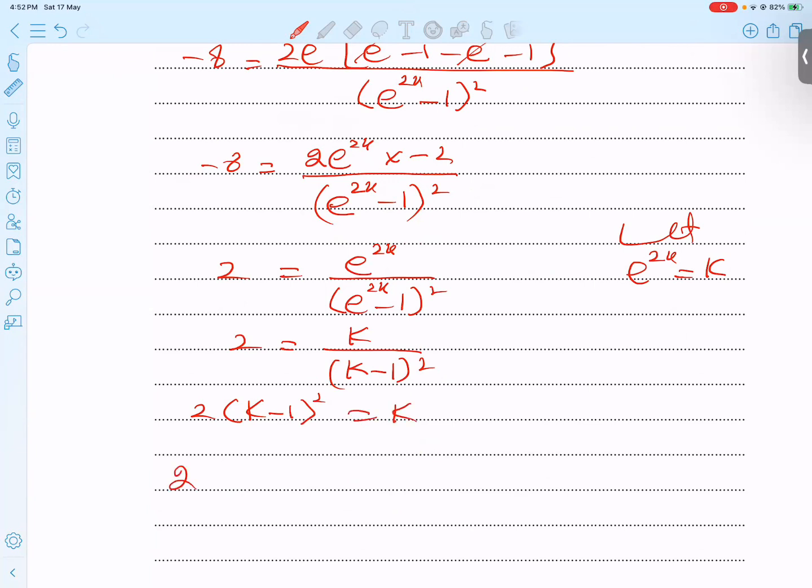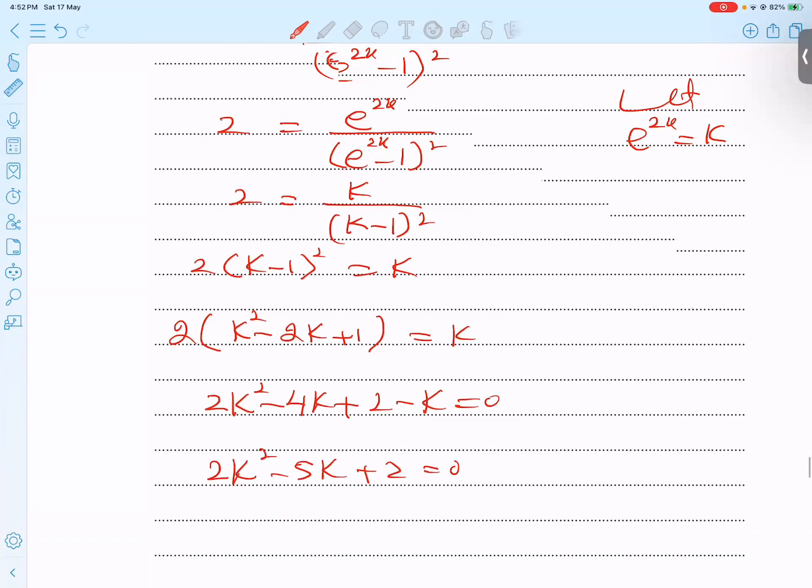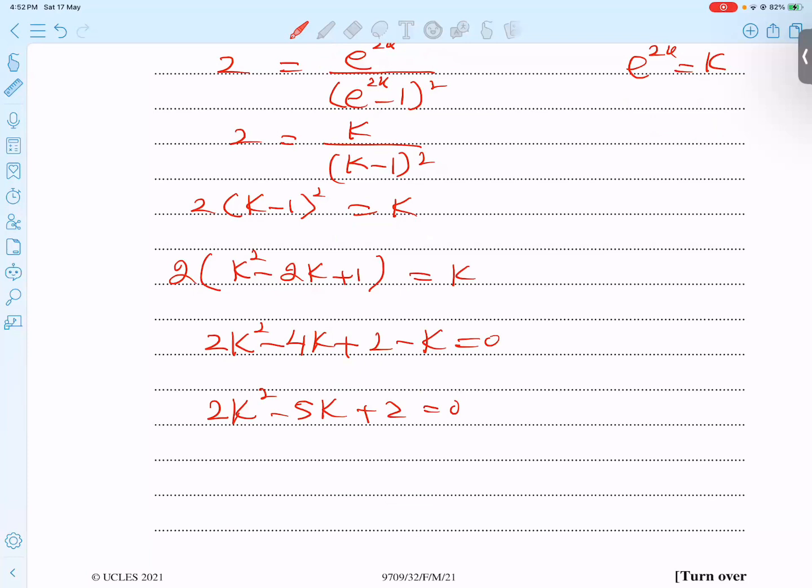So I'm opening here the squaring identity. I'm getting 2k squared minus 4k plus 2, and minus k is equal to 0. So 2k squared minus 5k plus 2 is equal to 0. 2 times 2 is 4, negative 4k, negative 1k. So I got 2k common, k minus 2, minus 1 common, k minus 2.